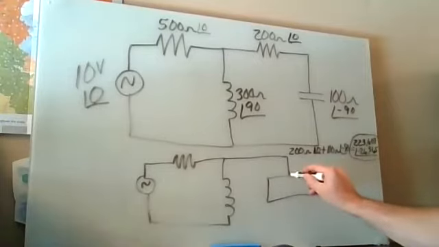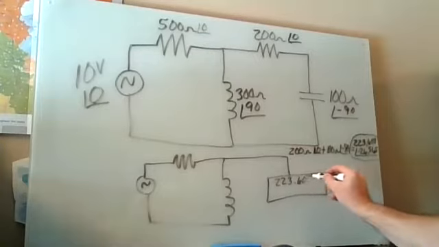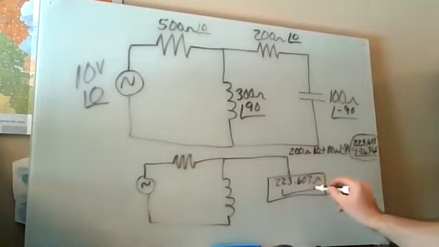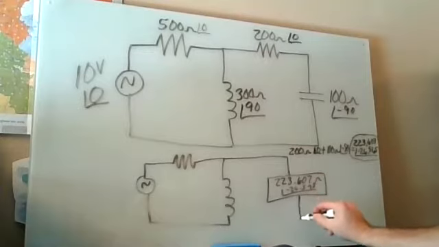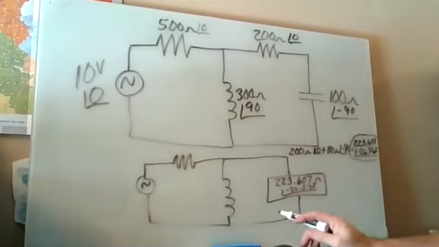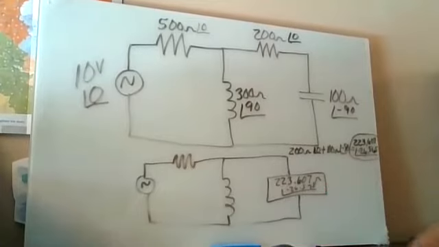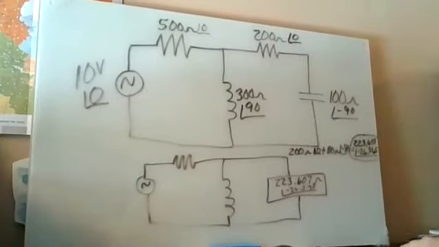That way I know I've got different components in here. 223.607 ohms at an angle of negative 26.565. Anytime I'm adding different components together in series or in parallel in AC, I'm going to put it in a box rather than a resistor, because I don't want to think it's a resistor or a capacitor. I know I have multiple components together.